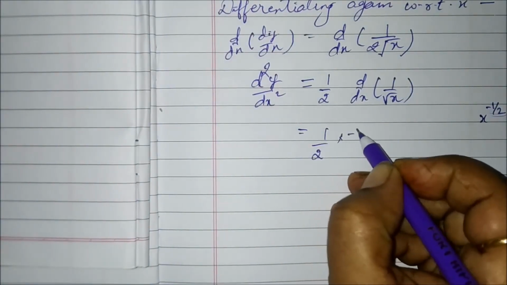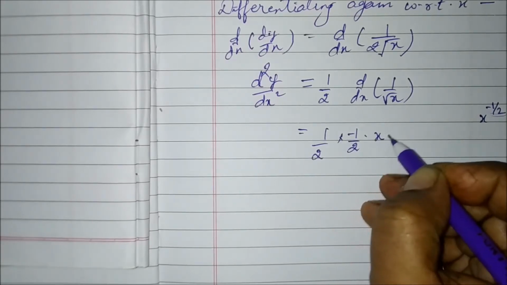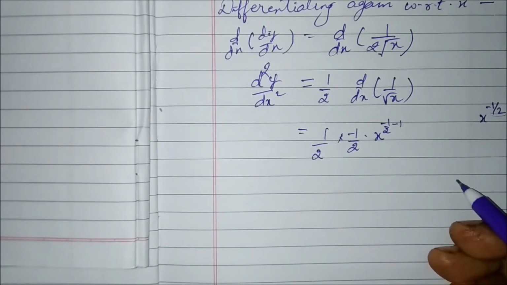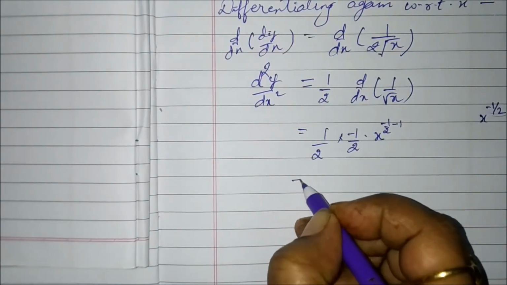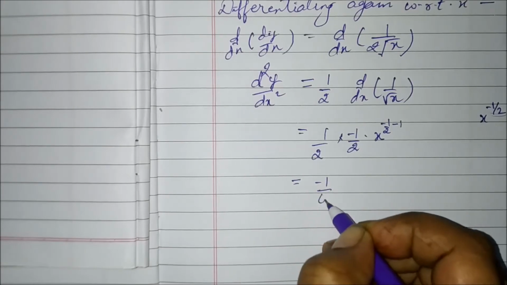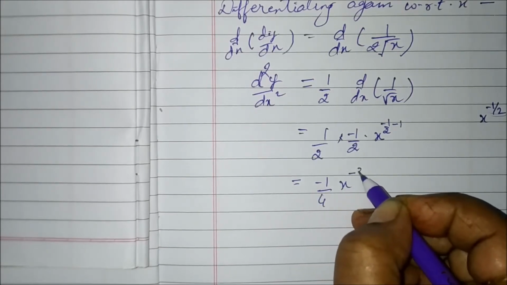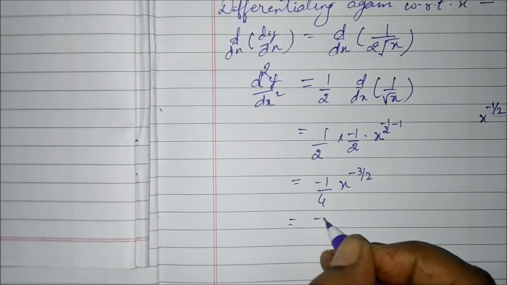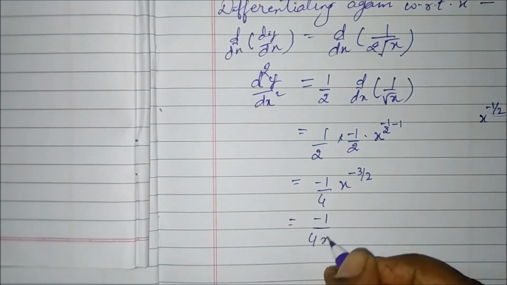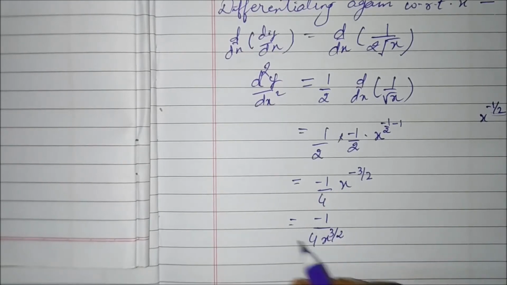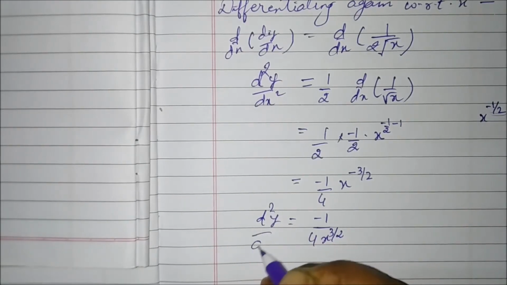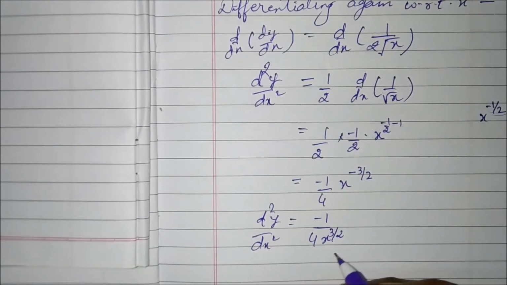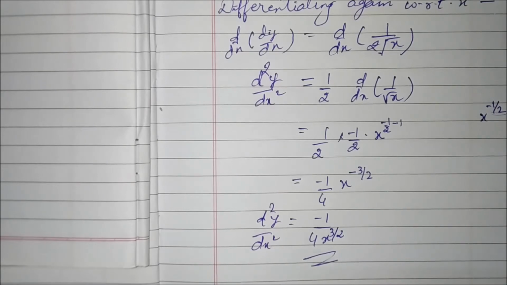So minus 1 by 2 into x raised to minus 1 by 2 minus 1, equals minus 1 by 4 x raised to minus 3 by 2. This will come here as minus 1 by 4 x raised to 3 by 2 in the denominator. So our d2y by dx2 is minus 1 by 4 x raised to 3 by 2. This is the answer. Understood?